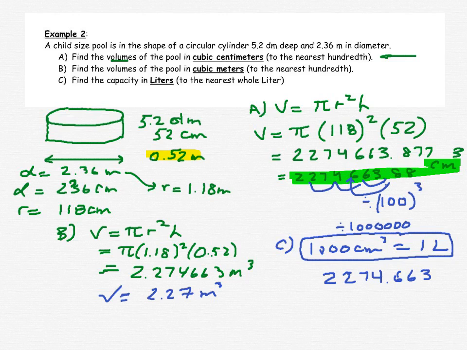But the question was requiring you to the nearest whole liter, so that means no decimal point. That's going to round up, so it will become 2275 liters. So you have to understand and get quickly into your head that there's 1,000 cubic centimeters in 1 liter.